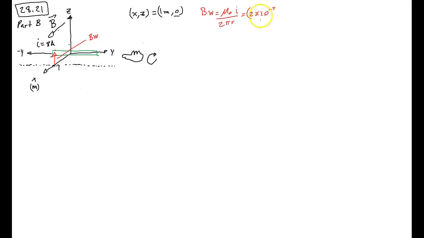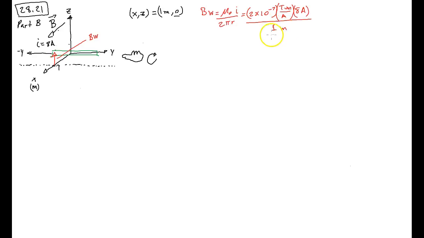We divide that by r, which is the distance from the wire out to this point, which is just 1 meter. So the amps cancel, the meters cancel, you're left with Teslas. That's good. You've got 16 times 10 to the minus 7, or 1.6 microteslas. And the direction at that particular location is the k hat, or the z direction. So this is B due to the wire.